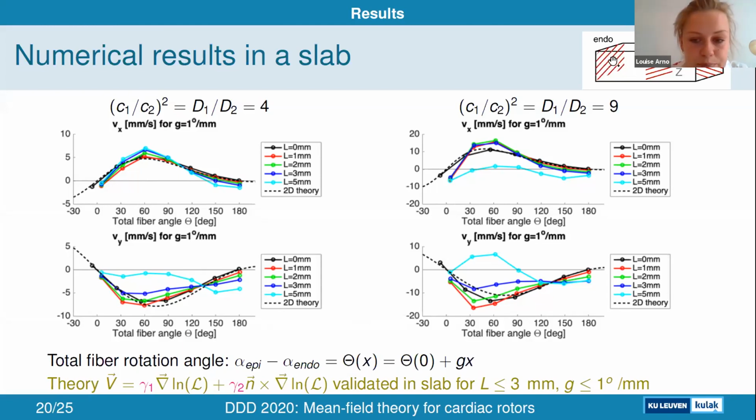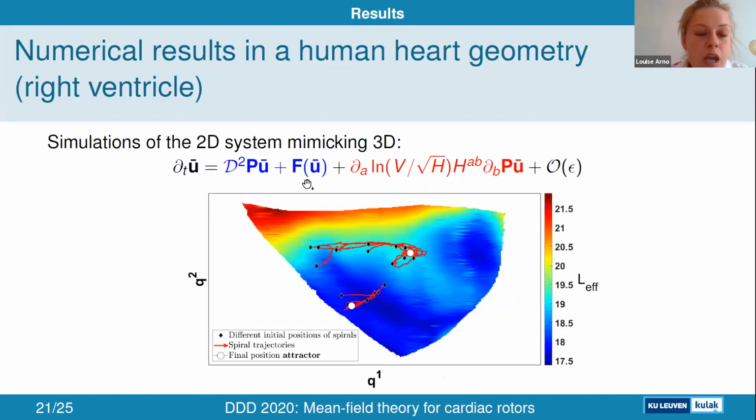respect to the x-axis. And when we look at these simulations, we see that the drift in the gradient direction and the ones perpendicular to it are well approximated by our theory for small thicknesses, so for smaller than 3 millimeter. We also did some simulations in a human heart geometry, more specifically for the right ventricle.